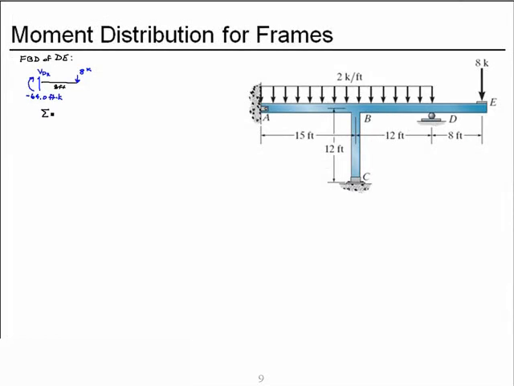And I will apply vertical equilibrium. Choose up to be positive. I have my unknown shear to the right of D, minus the 8 kips applied concentrated force. The shear to the right of D is a positive 8 kips using our standard sign convention. Now let's move down to member BC.